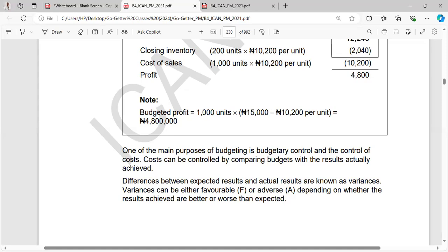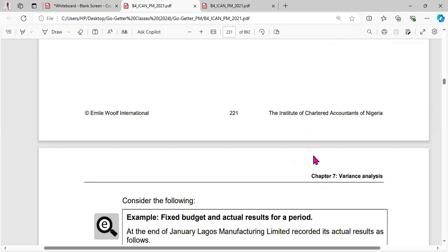The differences between the expected result and the actual result are known as variances. And variances could be favorable, which we'll call F, or adverse, depending on the result achieved, whether it is better than expected or worse than expected. And now, how do we know that something is better than expected?